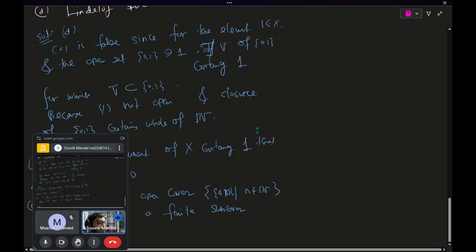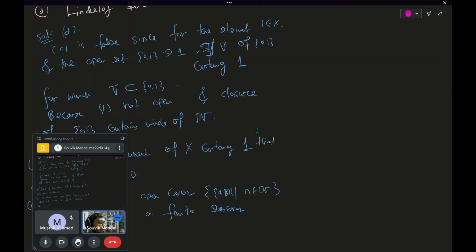Option D is true. This is true as the set X is countable.